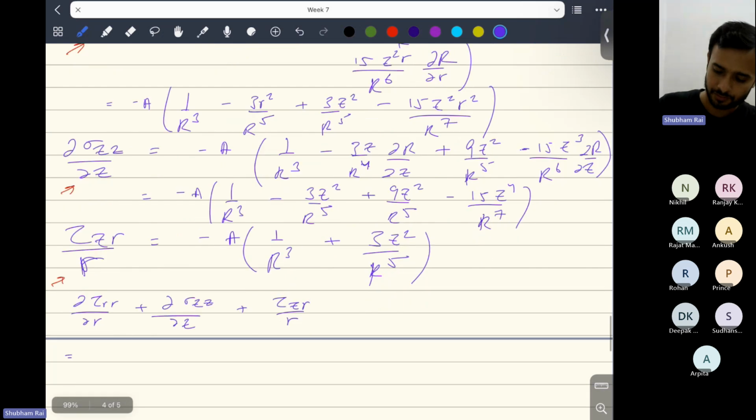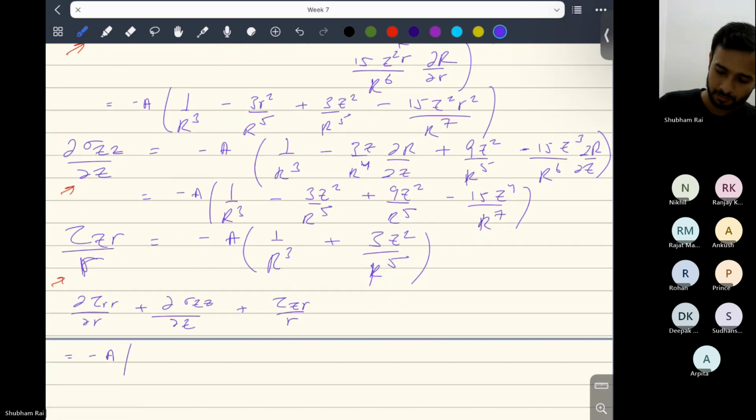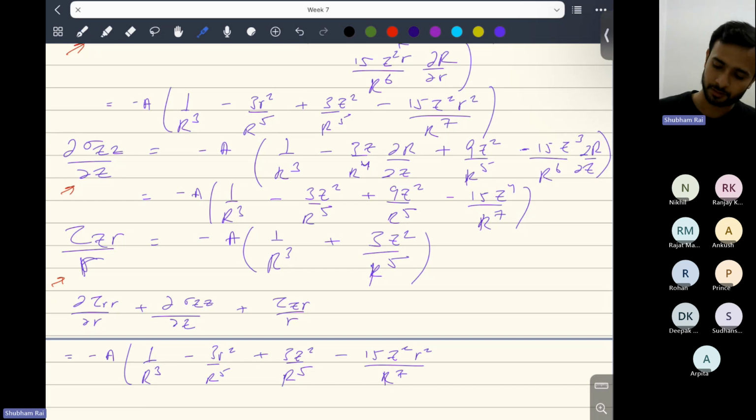Let me just add. So first one is this, minus a will be common from every term. So I'm just writing this first term here. So this will be 1 over r cube minus 3r square over r5 plus 3z square over r5 minus 15 z square r square over r7. Right? And then you have to write this term here.